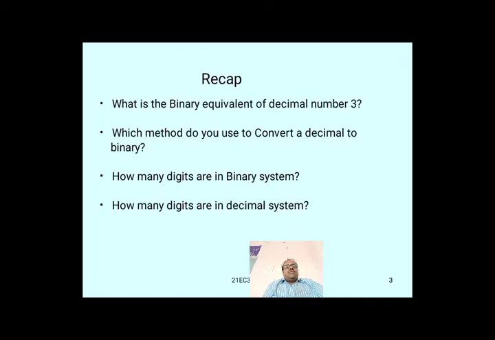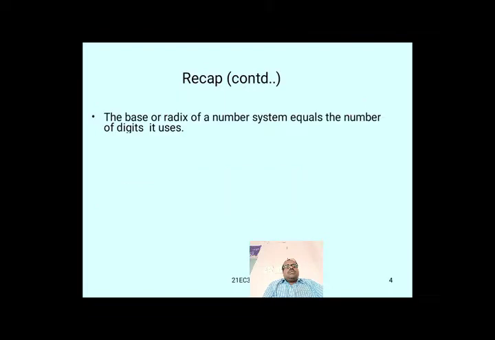Next, already we learned about the digits in the decimal system, digits from 0 to 9. It can expand to any extent also. Next, already we learned about the base or radix of a number system, which equals the number of digits it uses.